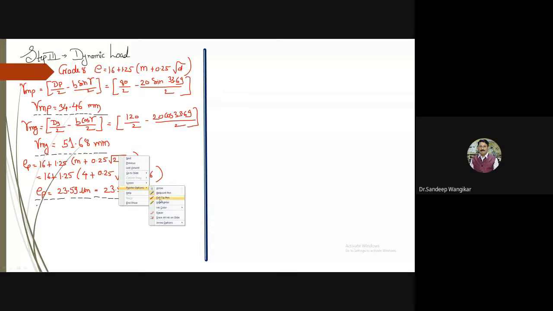Now let us in the same way calculate for EG, error for gear.